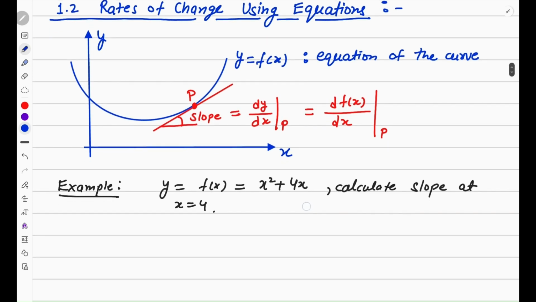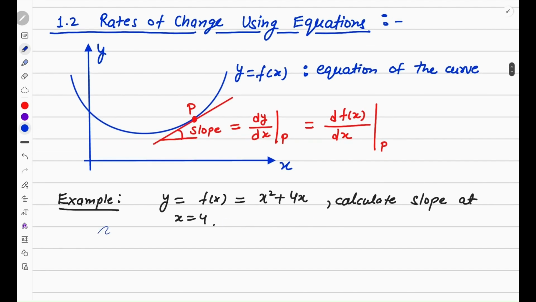So how will we do that? So the slope at x equal to 4 is dy over dx at x equal to 4.